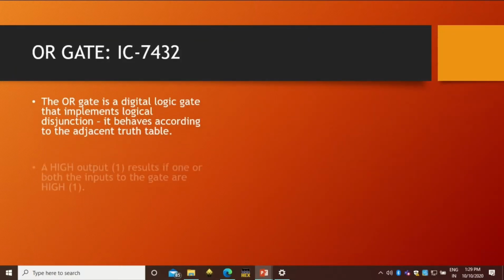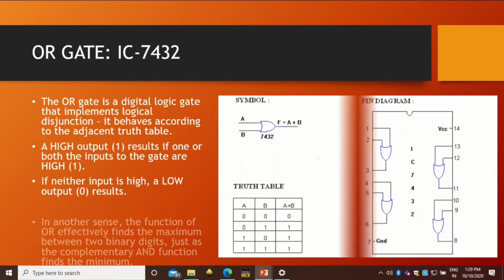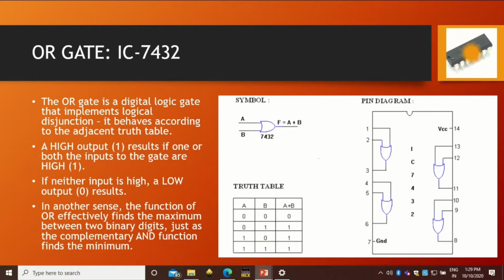Now let us talk about the OR gate. The IC used for the OR gate is 7432. The OR gate is also called logical disjunction, which is exactly opposite of the AND gate. For the OR gate, any one high input will produce the output as 1. You can see the truth table.